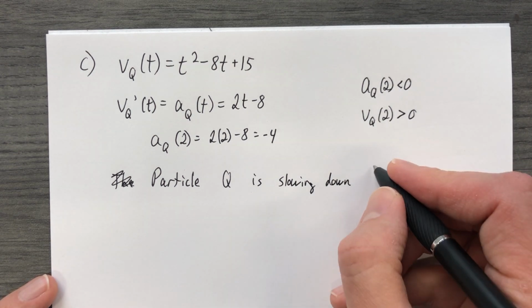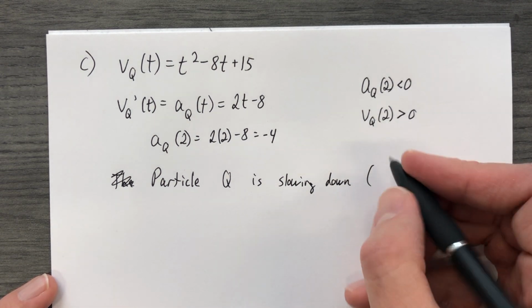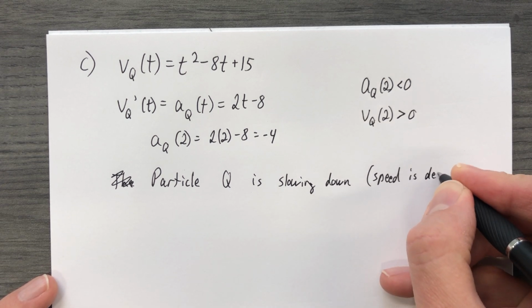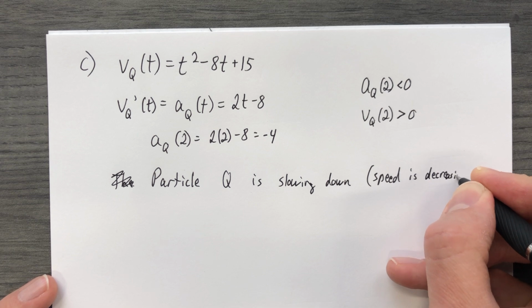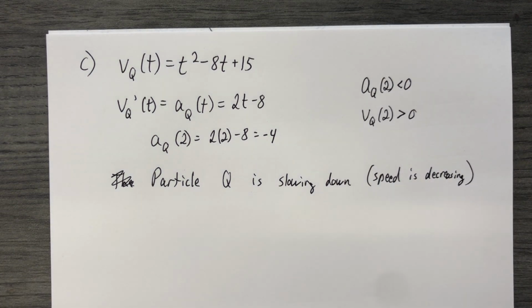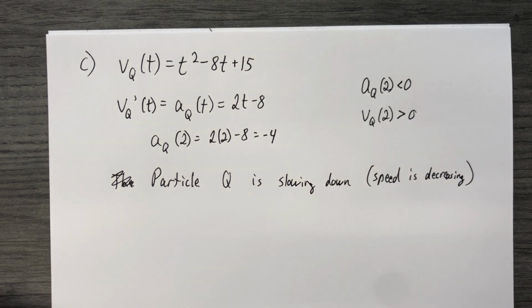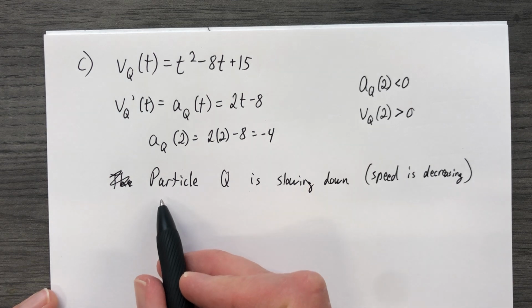I'm going to get really specific with my language here. This is sufficient, but I'm going to say speed is decreasing because I'm trying to answer it in the way they asked it. Don't beat yourself up over that. I really don't see them counting off because you said slowing down, because that means speed is decreasing. I'm just trying to be really specific with my language because I'm trying to set a good example.